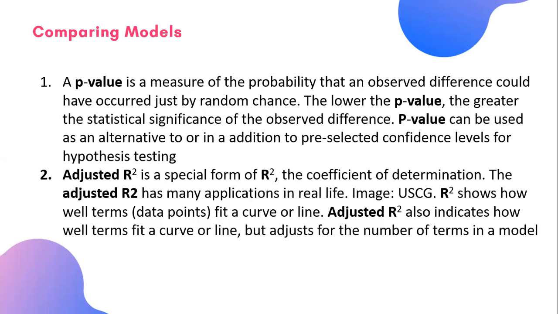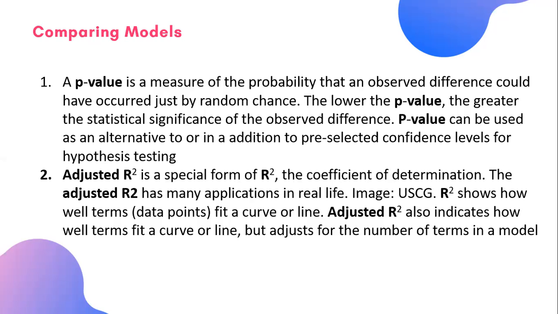The other metric is the adjusted R-squared. This is also known as the coefficient of determination. Here, the higher the R-squared, the better the situation. Adjusted R-squared indicates how well the terms fit a curve or line, and it adjusts for the number of terms in the model.